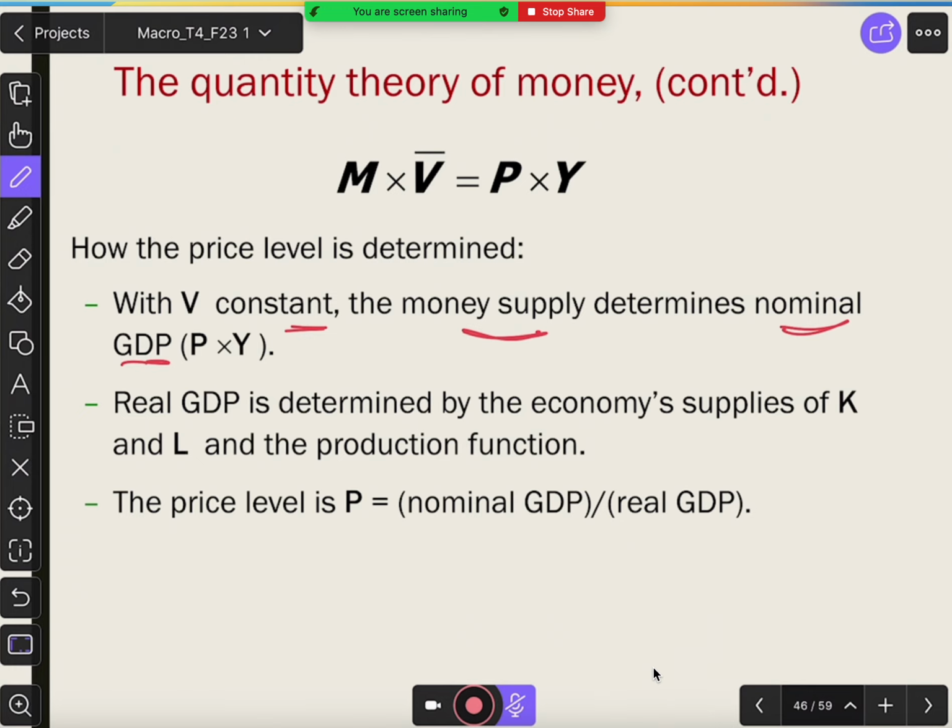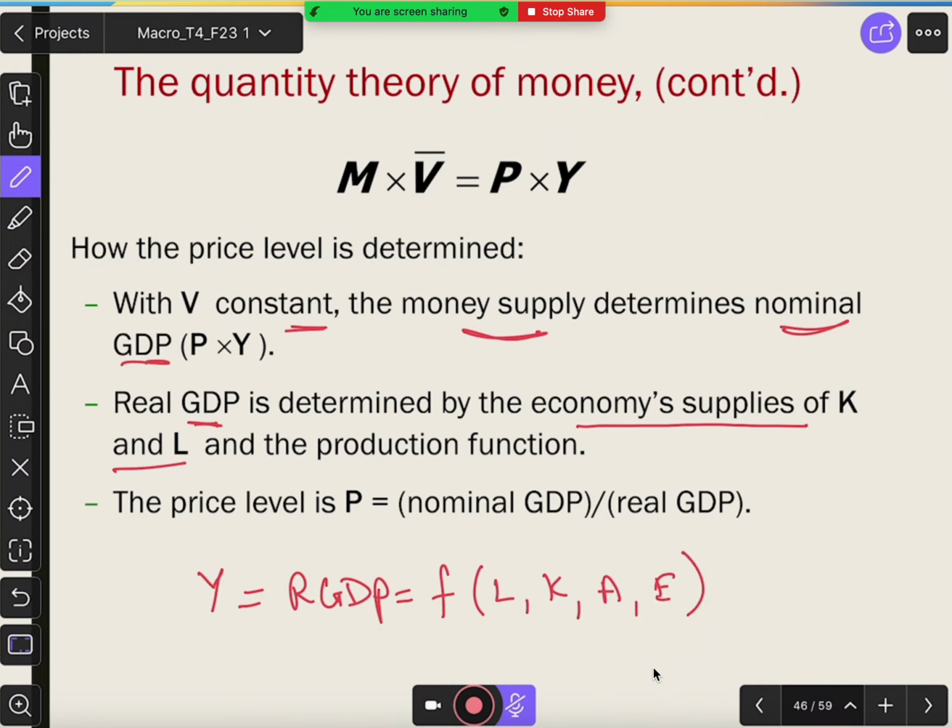Okay. The real GDP itself is determined by the economy's supply of K and L, and we know this already. I think in the very first class, we said that income, which we can call real GDP, depends on factors of production like labor, capital, natural resources, entrepreneurs.